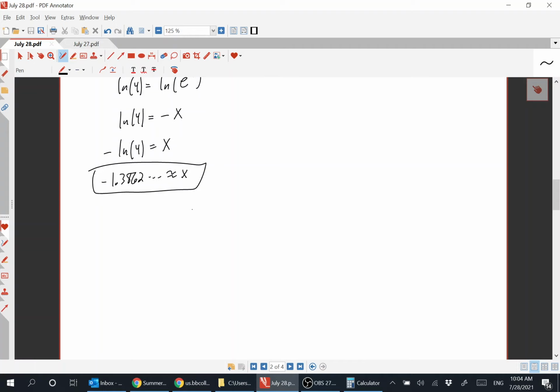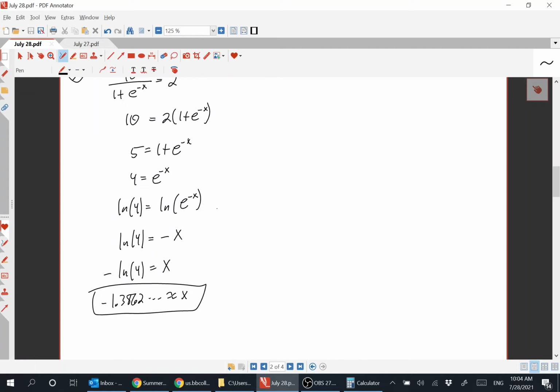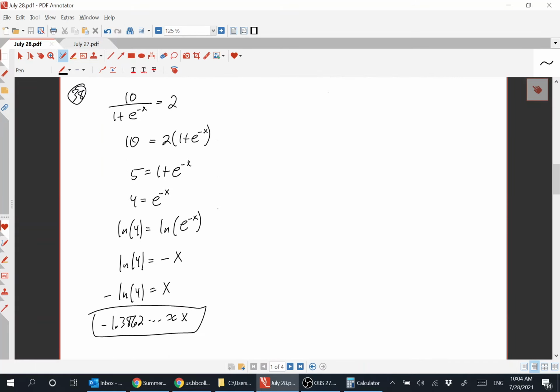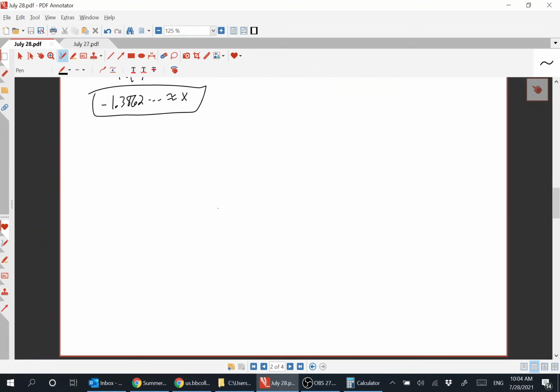All right. So also in section 4.5, we've got questions 93 and 95 about compounded interest. So we'll do 94. Remember the compounded interest formula.